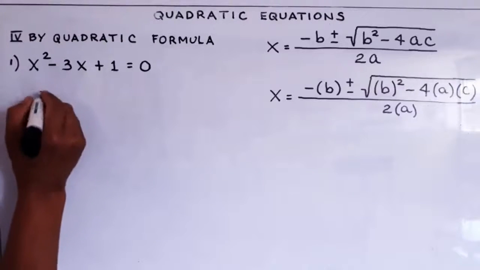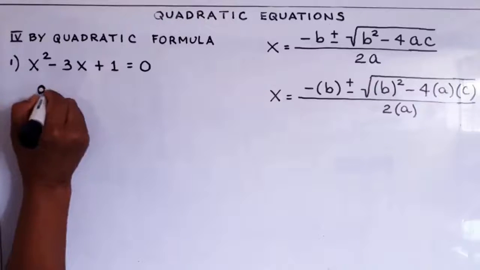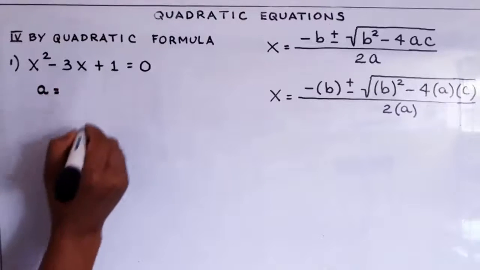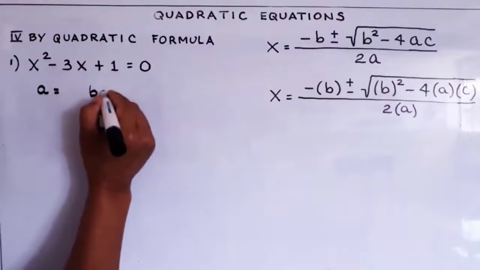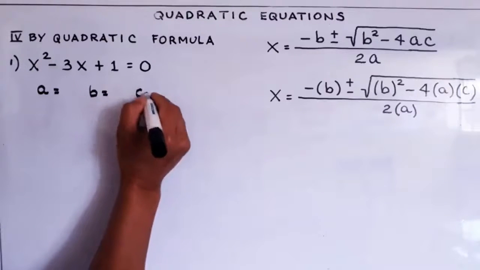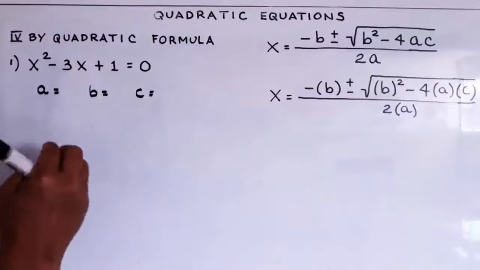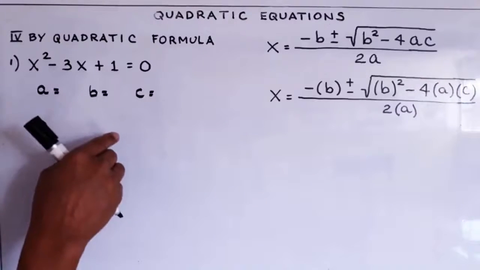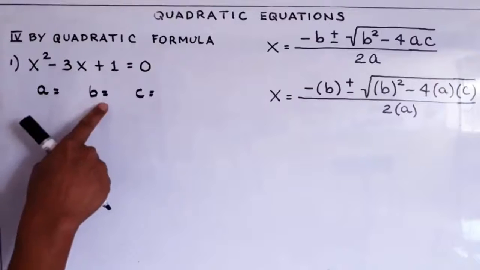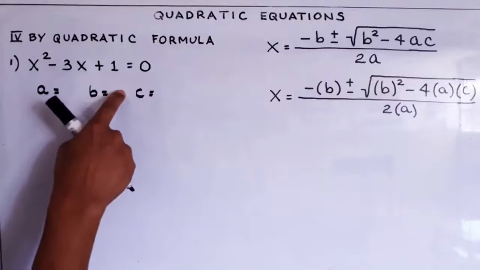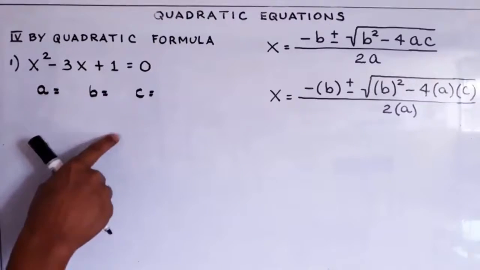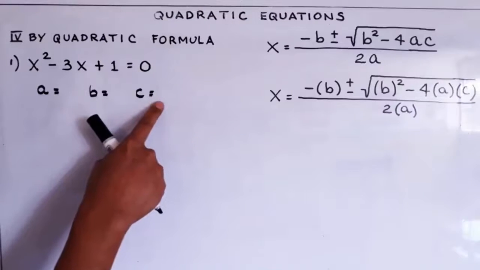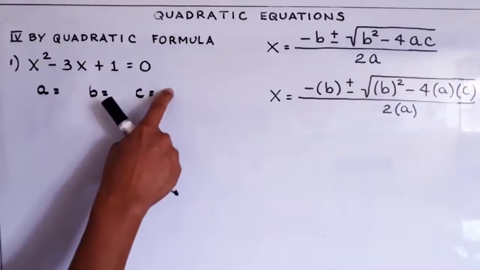For the quadratic formula, we need to find a, b, and c. Even for an incomplete quadratic, if you don't have the middle term, put 0 there. If you don't have the last term, then put 0.